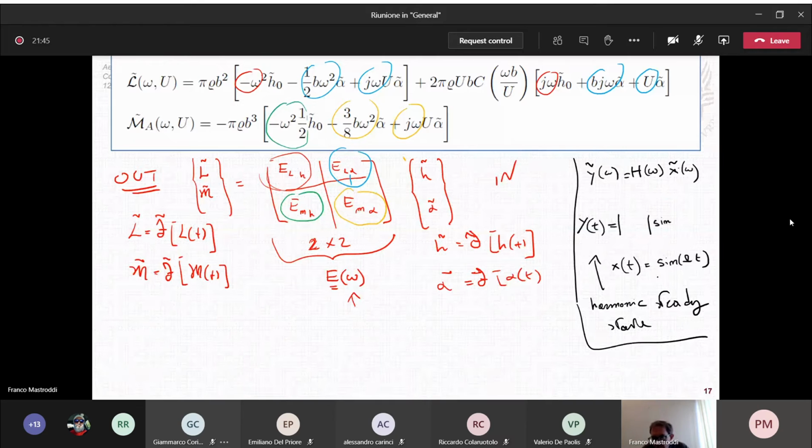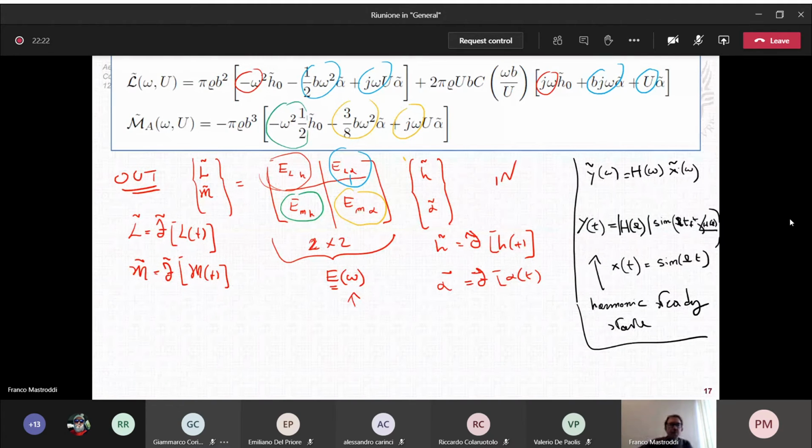If you have this input, you should expect an output which is again a sine with the same frequency omega for a linear system, but as amplitude you have the amplitude of the complex number H evaluated at omega and a phase shift given by the phase of the complex number H of omega. So this is the basic interpretation of any kind of frequency response function.